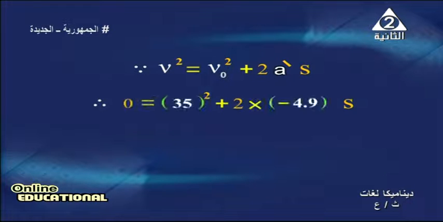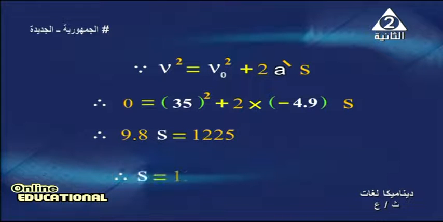The velocity equals 0 at rest, and the initial velocity in this case equals 35 meters per second, the final velocity in the first stage. 0 equals 35 squared plus 2 multiplied by a dash, which equals negative 4.9 meters per second squared, times s. Then 9.8 s equals 1225, and we get the displacement equals 125 meters. Now we move to the next example.